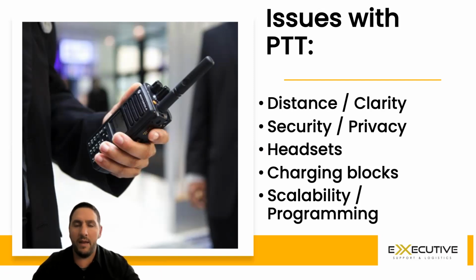Most analog radios, all you can do is put on a CTCSS code, which keeps people from talking on your channel, but they can still listen. And if you do a DMR and then go encrypted, that comes with its own issues for scalability and programming. There's a pro and con to everything, but the more secure we make them, the less convenient they are. So security and privacy are a pretty consistent issue with these radios.